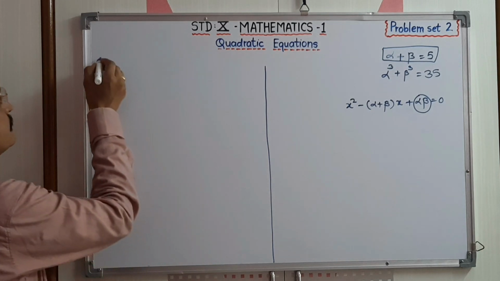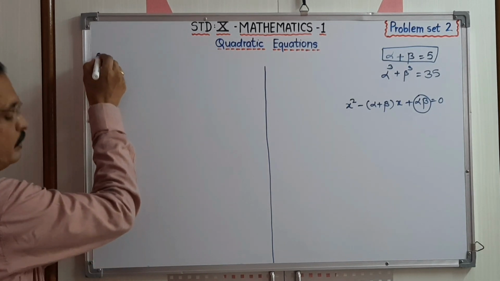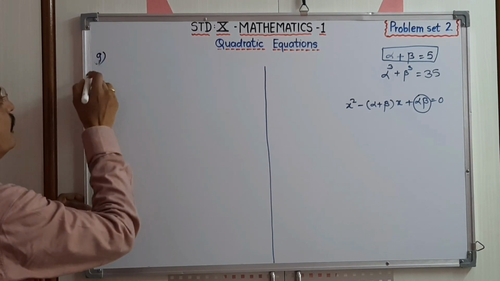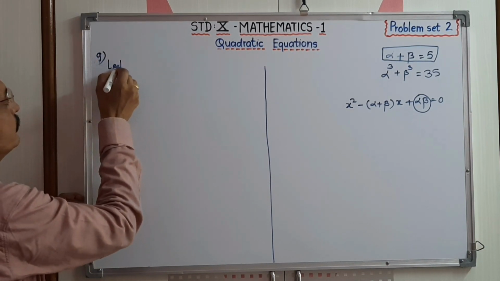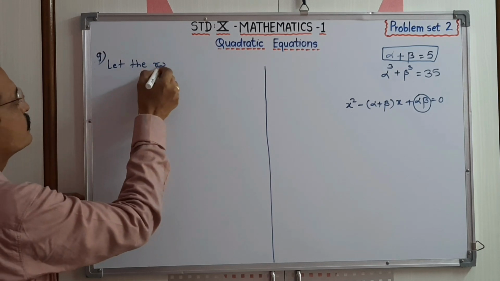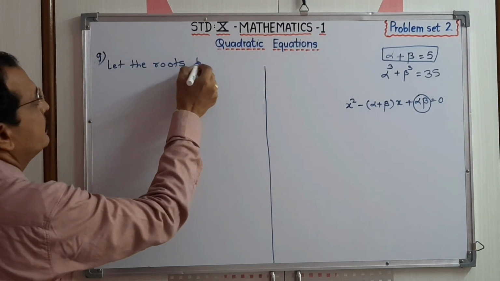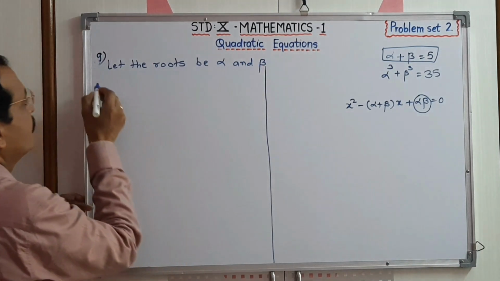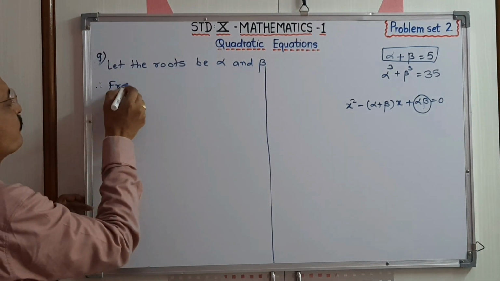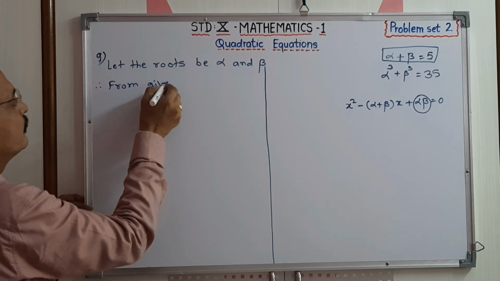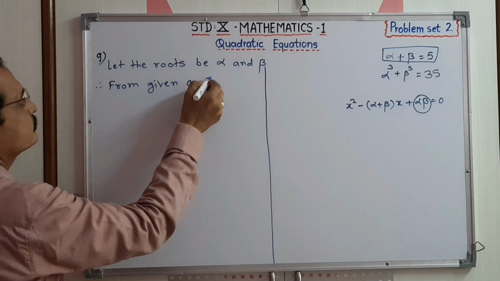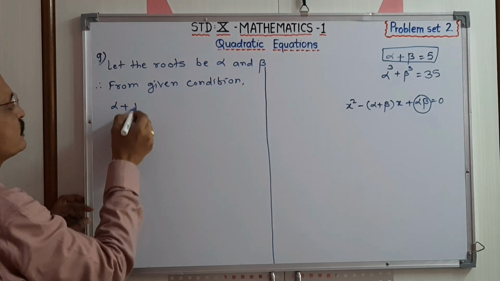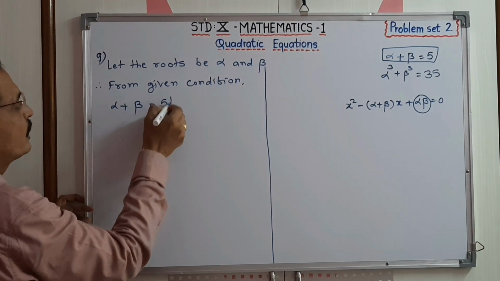See here, question number 9. We can write: let the roots be alpha and beta. Therefore, from the given condition, alpha plus beta is equal to 5.